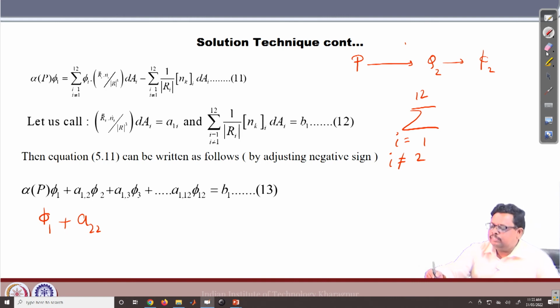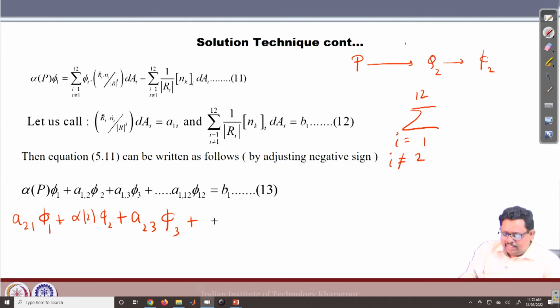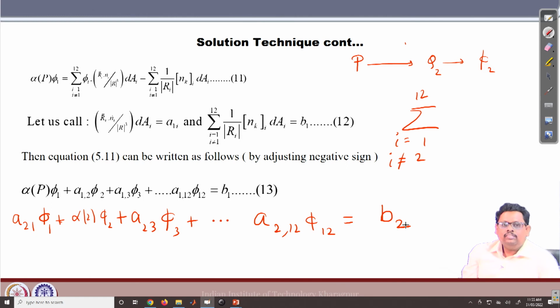So, therefore, here I write a 2 1 phi 1 plus alpha 2 into phi 2 plus a 2 3 phi 3, in that way up to a 2 comma 12 phi 12, and this equals your B 2.